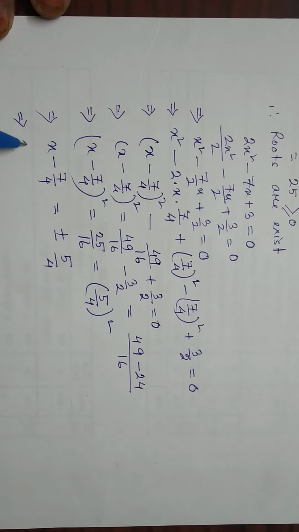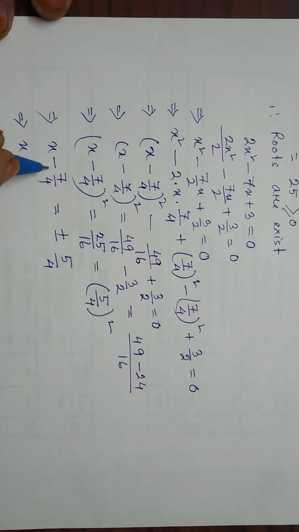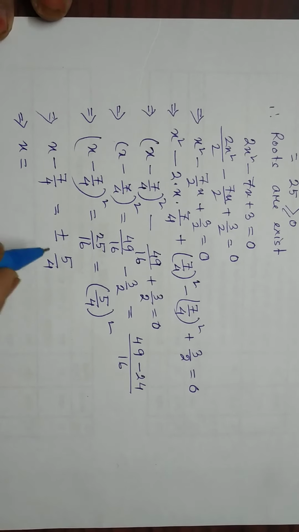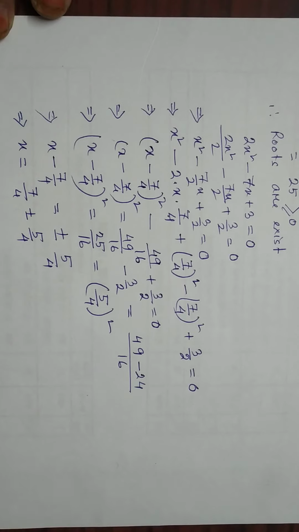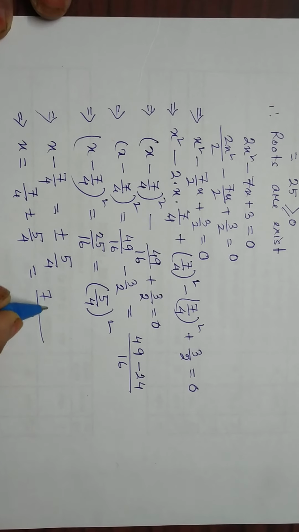This implies x is equal to, if we bring minus 7 by 4 from the left hand side to the right hand side, then positive 7 by 4 plus or minus 5 by 4. Now if we take the LCM, it is 4, so 7 plus or minus 5.